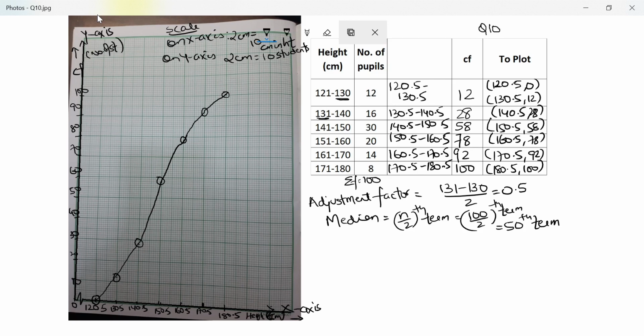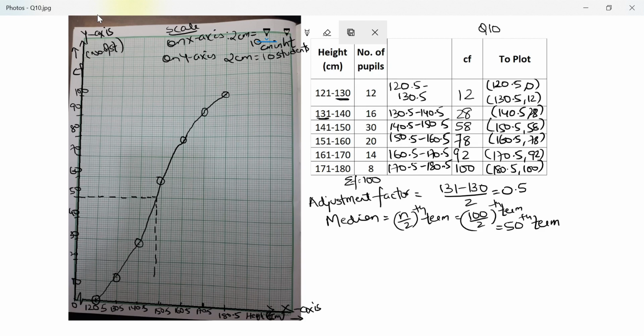Now I need to find the median, which will be my 50th term. So from 50th term, I draw a perpendicular. I repeat, I do not have access to a scale in this software, so I'm using freehand. You will definitely use a scale. Using freehand is not allowed. I repeat, you will use a scale.